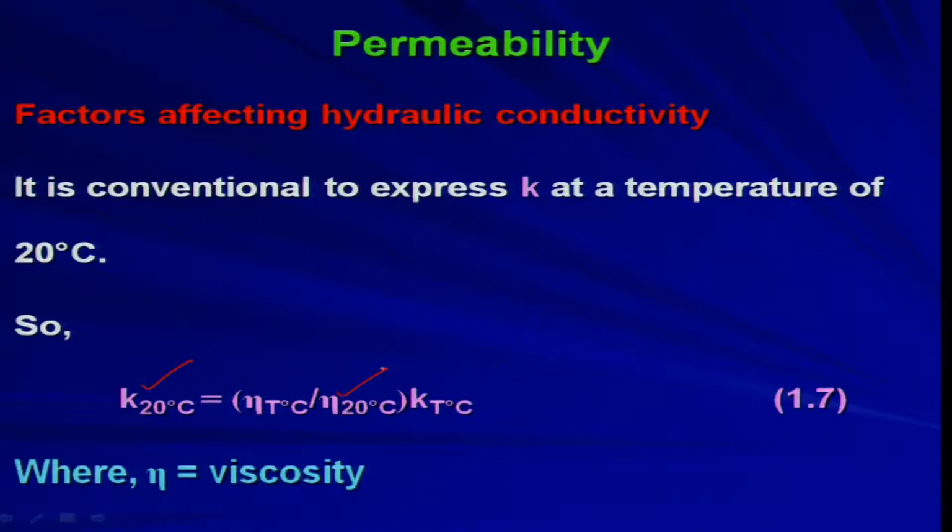Then, for whatever temperature you wish to find the coefficient of permeability, you need to obtain the viscosity at that temperature. If you know these three values, finally you can get K, the coefficient of permeability, at that particular temperature. Here eta is the viscosity.